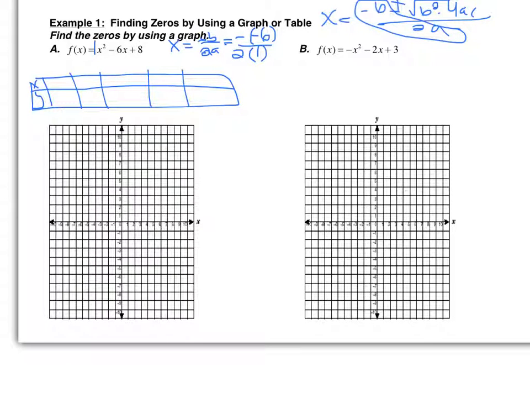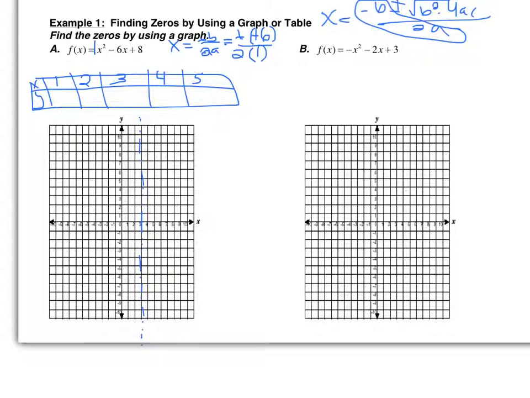So negative 6 becomes positive 6, 6 divided by 2 is 3. So the x value for the axis of symmetry is at 3. So if we move 1 to the right, 4, 1 to the right, 5, and then we go backwards to 2, backwards to 1, then we can find out what the symmetric points are.